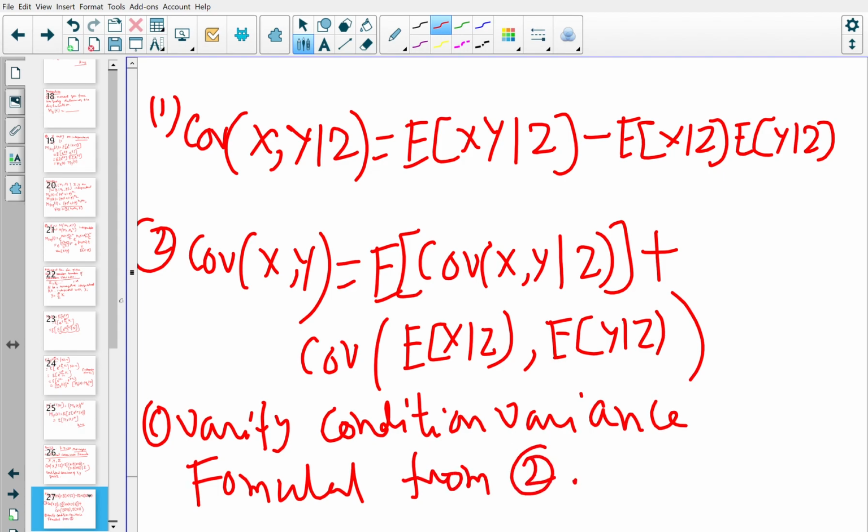If you remember, in the last talks we discussed the conditional variance formula, and that is a special case of the conditional covariance formula. So find out 1 and 2, and then check that the conditional variance formula is a special case of the conditional covariance formula.